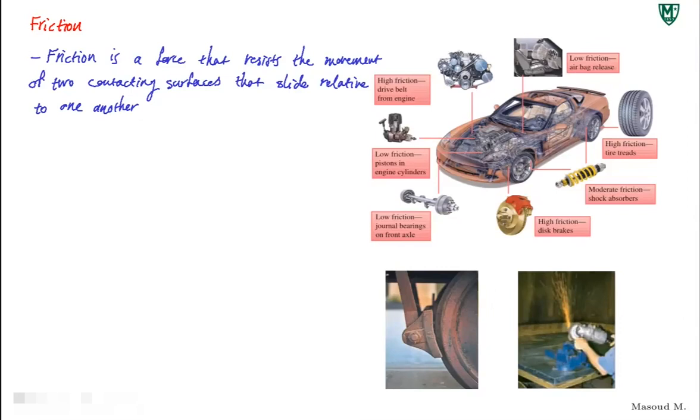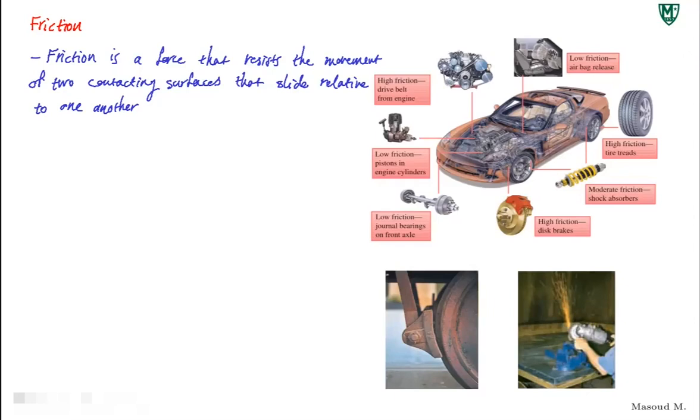Now, if you know the line of action, how about its direction? The direction of the friction force is always in a way that is trying to stop the motion, so it's opposing the possible or existing motion. If I have two surfaces not moving with respect to one another, but I apply a force and I know that the top surface is going to go to the left, that's a possible direction of the motion.